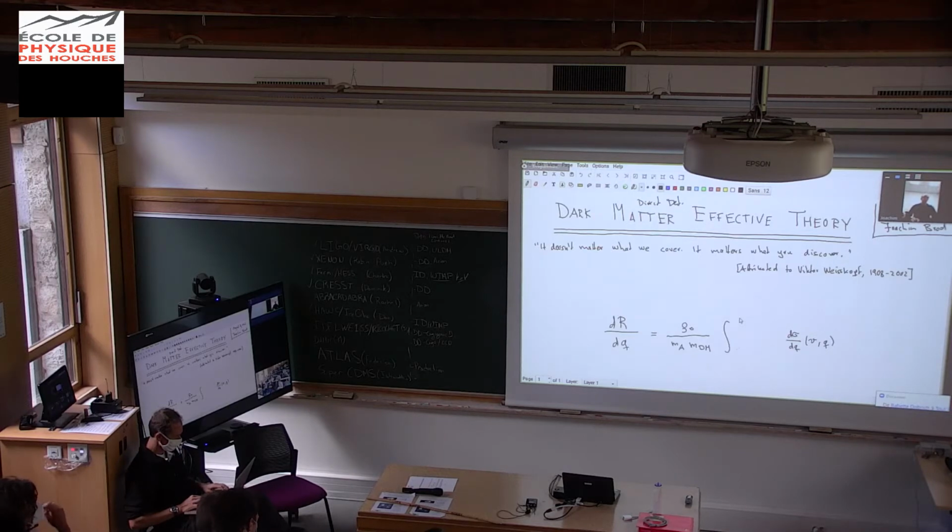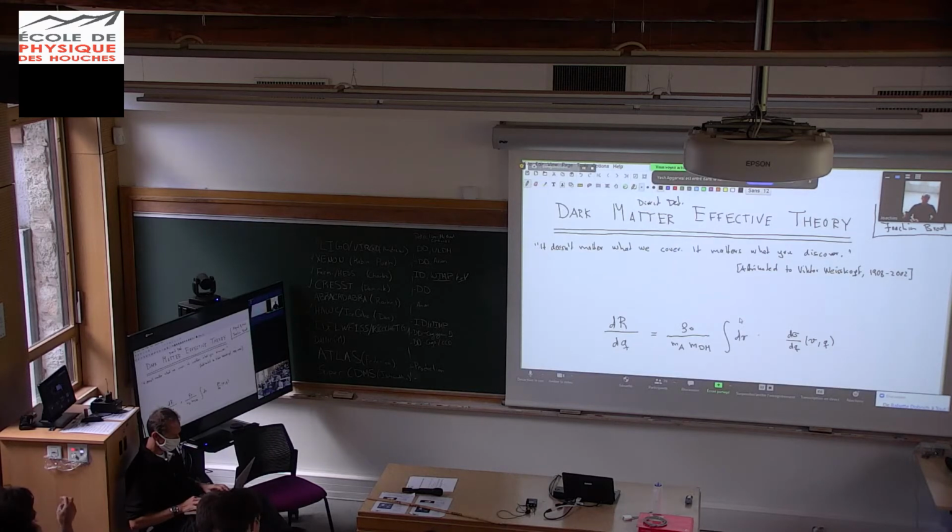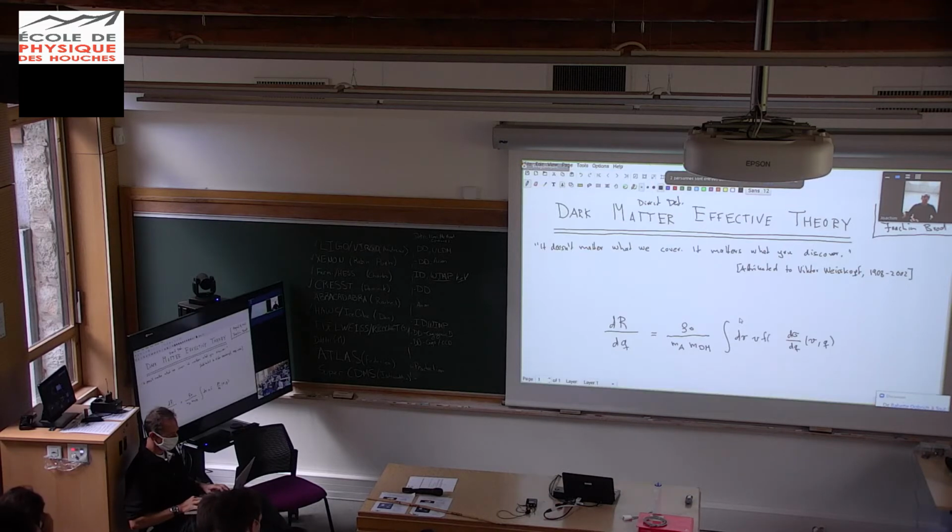And then because the dark matter energy or momentum distribution is essentially given by the velocity distribution of the dark matter in the galactic halo, we need to convolute with the velocity distribution. So this is a factor v f(v), and then we integrate over v. And f(v), again, let's just regard it as an input.